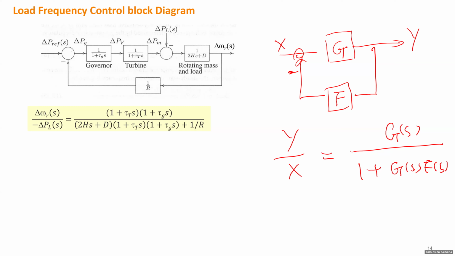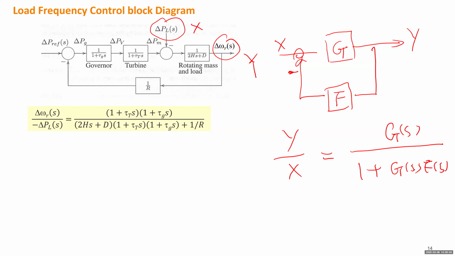For instance, here I use delta omega r to be the y, and negative delta PL to be the x. So here this is y, here is x. But if you want to write another transfer function on how the reference value will influence the speed, you need to count all the 3 blocks on the top to be g, and only the bottom one to be the f.